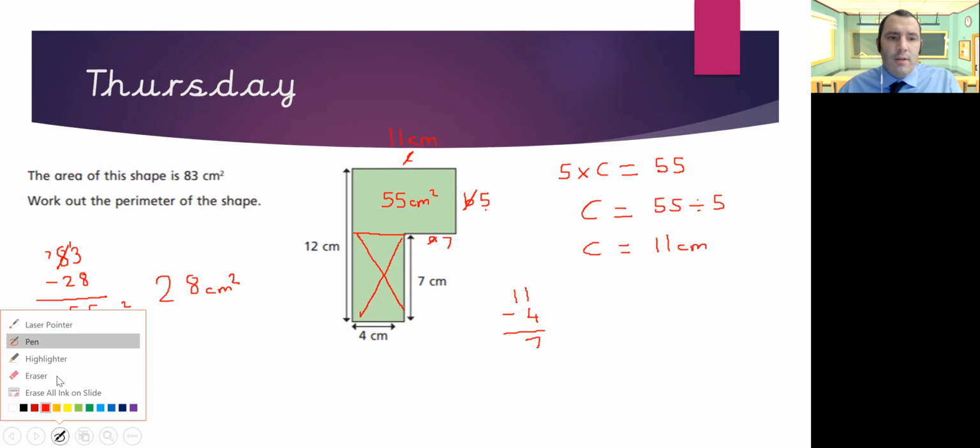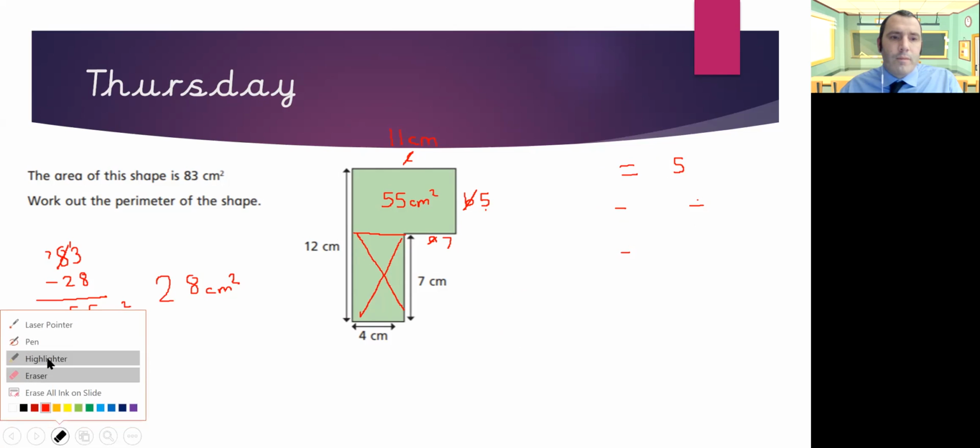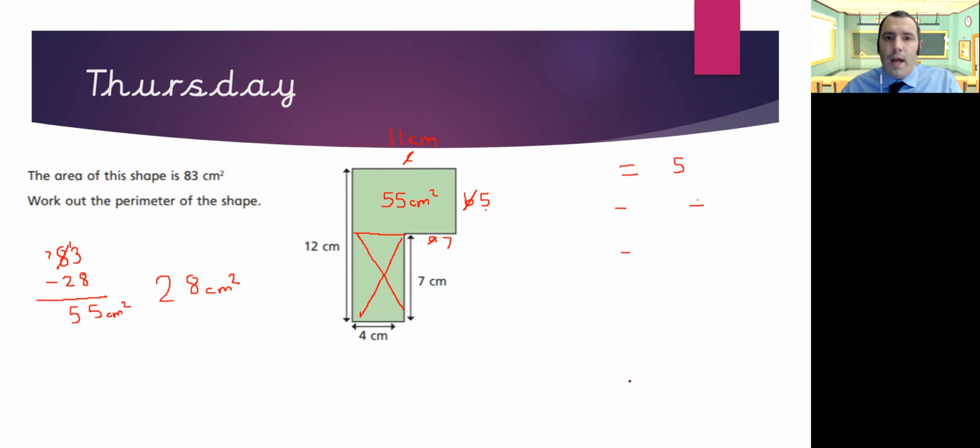So I'm going to clear some space and I can add these all together. So we have 12, we're adding 11, 5, 7, 7, and 4. To make life really easy for myself, I've gone round this clockwise.